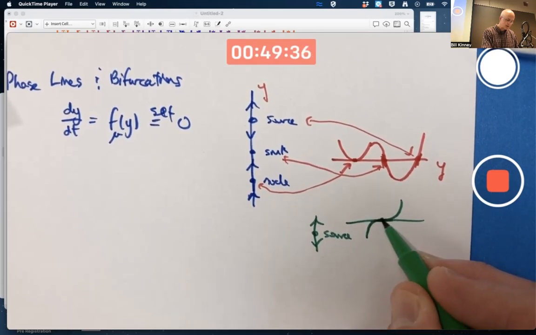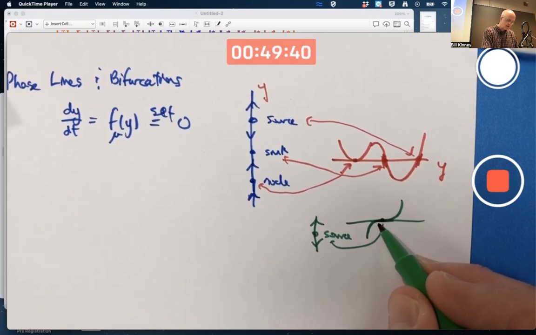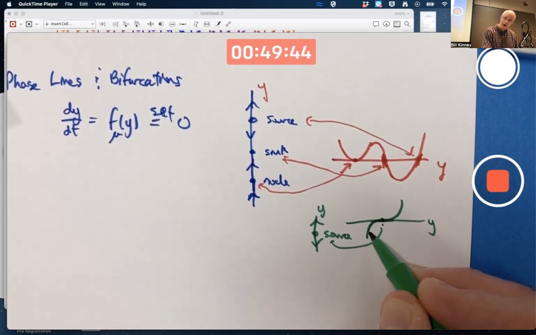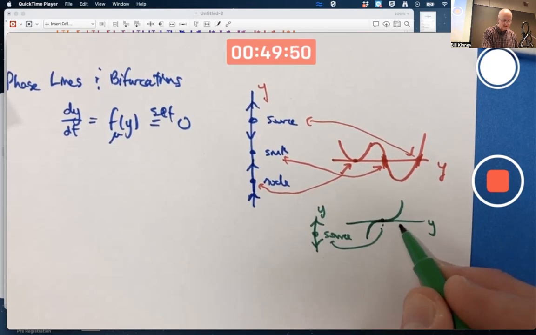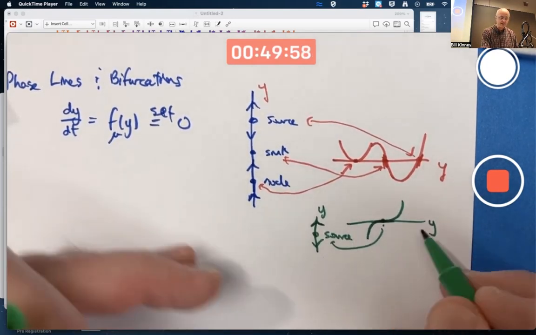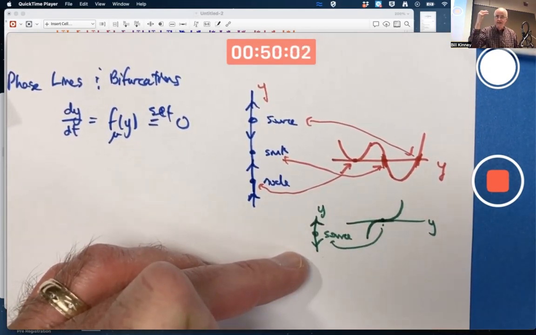Because when you are to the left of the equilibrium point in this graph, f is negative, so dy/dt is negative for the differential equation, and solutions have to decrease. And when you're to the right of it, f is positive, so dy/dt is positive in the differential equation, and the solutions have to increase. You got to be able to go back and forth between vertical y-axis here and horizontal y-axis there. I was doing that in my mind as I was saying those things.